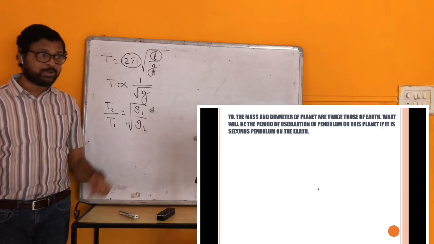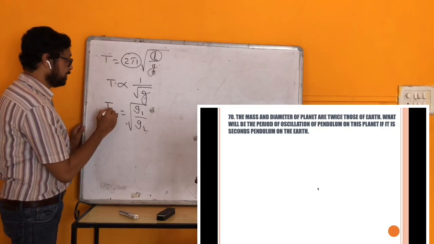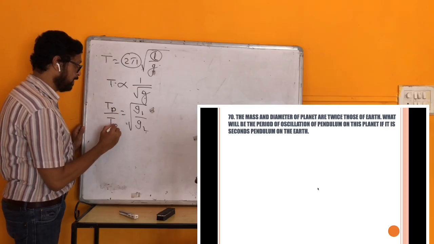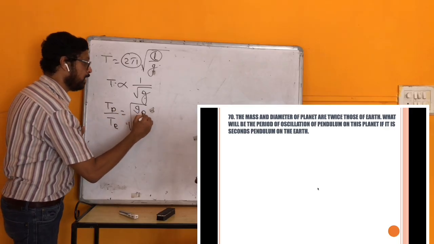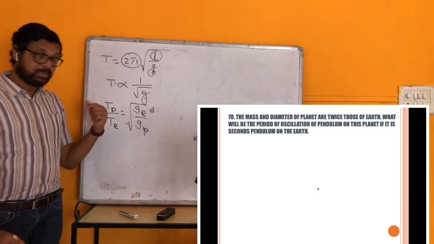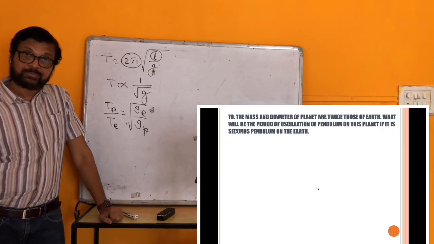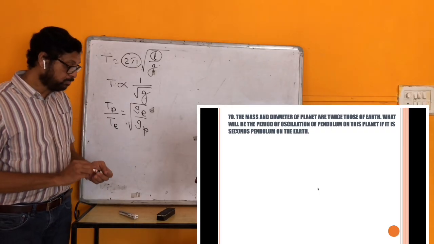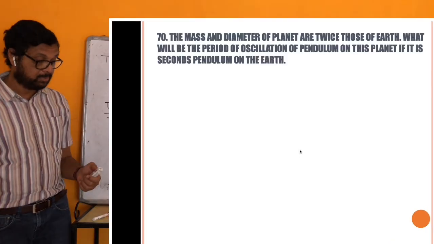Or in place of 1 and 2, you can say this is T on the planet upon T on Earth, under root G on Earth upon G on planet. Directly you can give the subscript for that. Okay. So, coming to your question then.